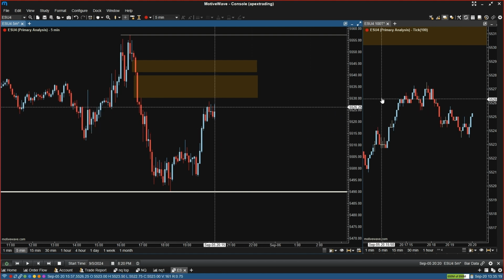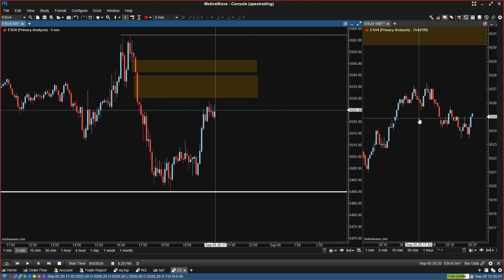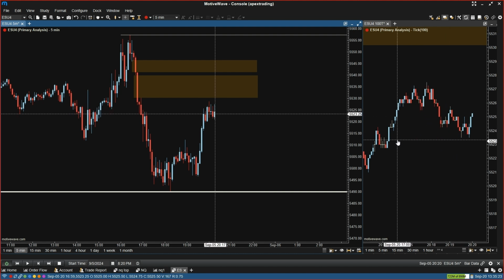So for me, when I go on the 100 tick chart, it's sort of a scalping strategy. I'm not gonna hold the trade too long. It's just more on enter the trade, and when I am on profit, get out of the trade.